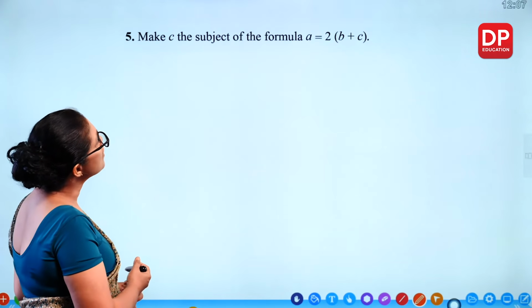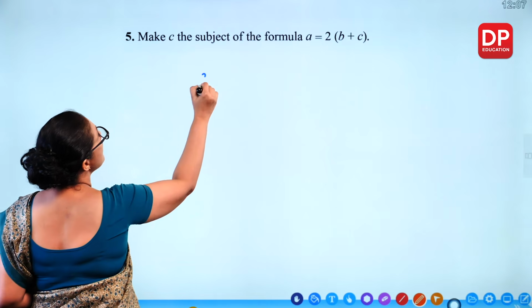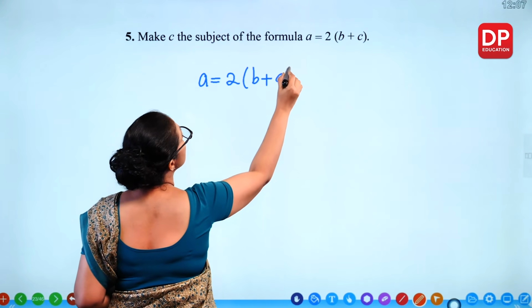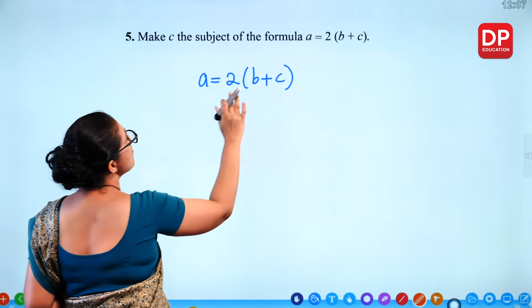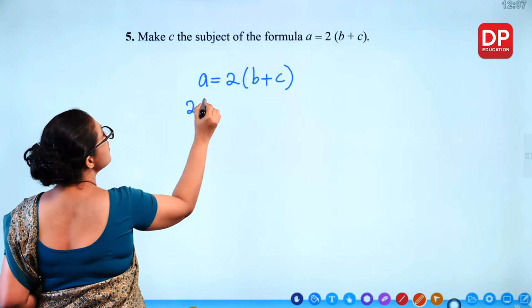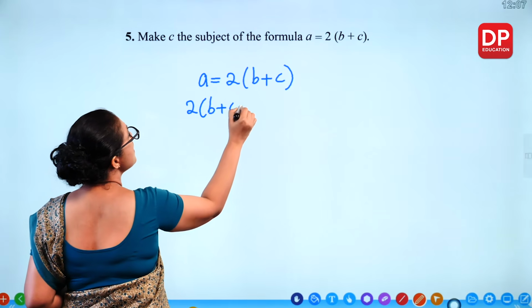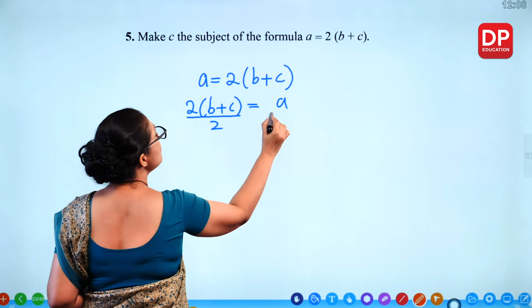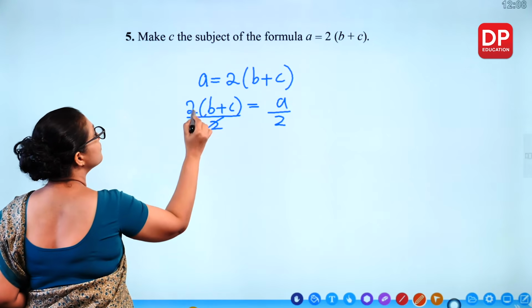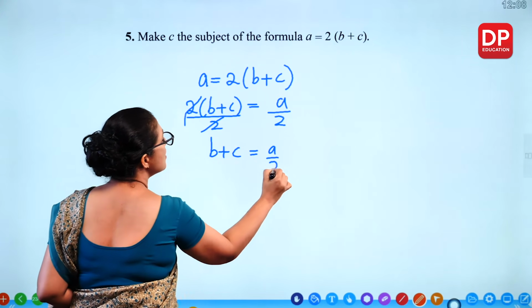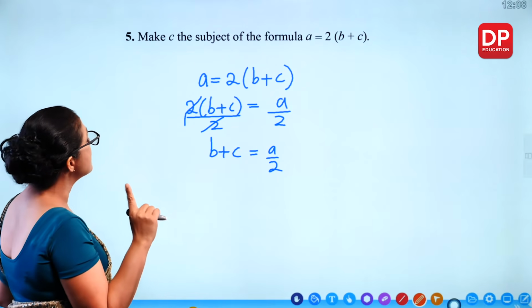Make c the subject of the formula. a equals 2b plus c. c the subject. So I need this term. So I can rewrite 2 times b plus c equals a. Divide both sides by 2. I get b plus c equals a over 2. Now I need c.